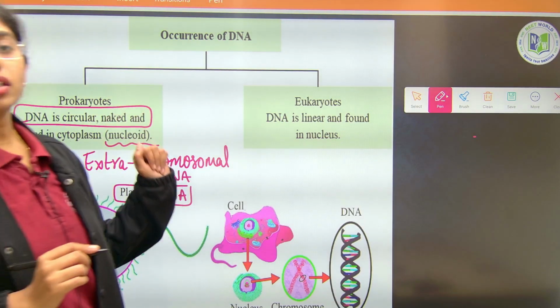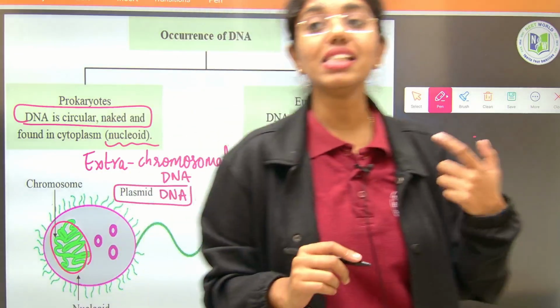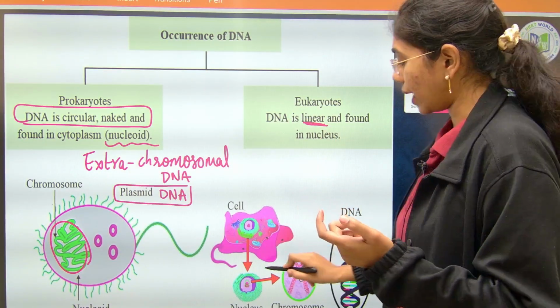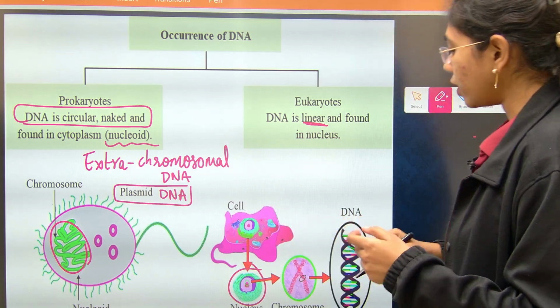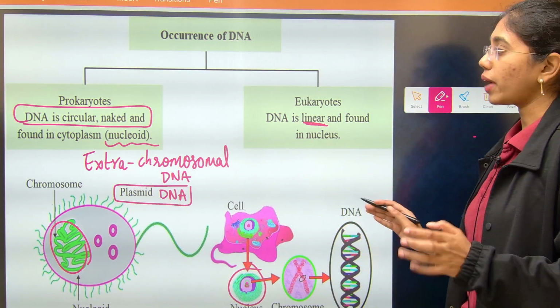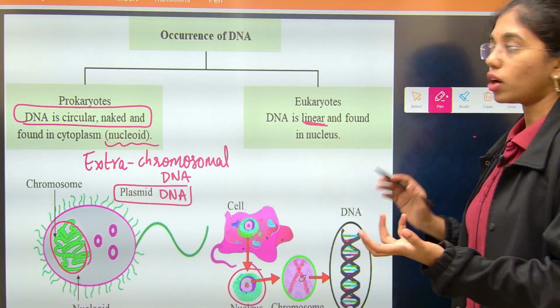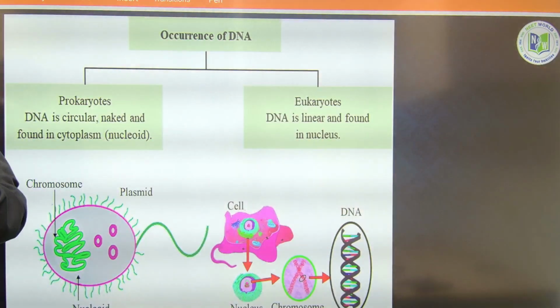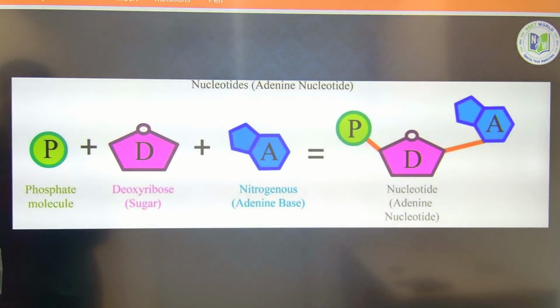And in eukaryotes, DNA structure is linear. It is double stranded linear DNA, found inside the nucleus. So this is how DNA is present in prokaryotes and eukaryotes. And we know DNA is a polynucleotide chain.